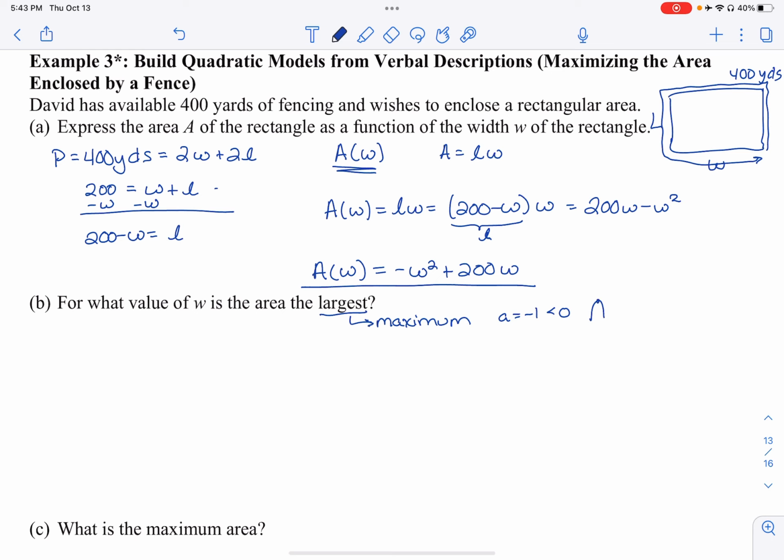That means that we have a maximum at the vertex. So we want to know what W is when the area is largest, so we want to find W equals what? And we know the largest area is going to happen at the vertex.